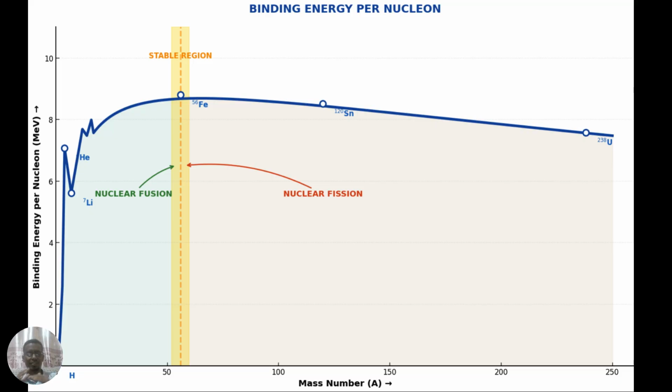And after the stability region, after iron 56, we see a nearly smooth curve, but it is below iron 56. Here we see very large mass numbers.